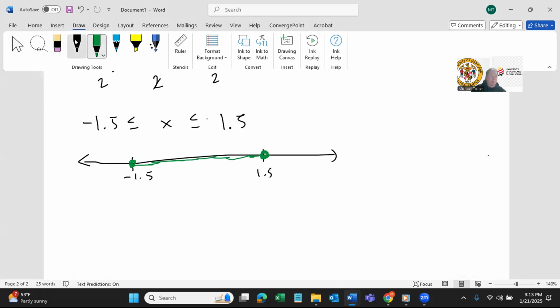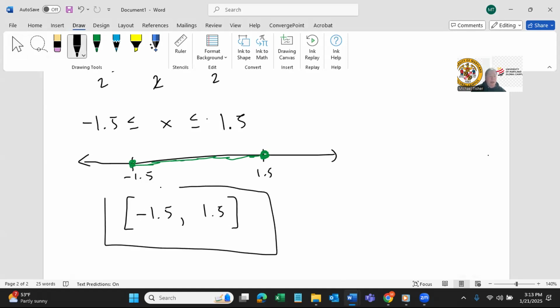And just as before, we'll get the solution in interval notation. So this time we have a bracket, -1.5, comma, 1.5, bracket. And that's how to solve an inequality that's an absolute value less than or equal to any positive number.